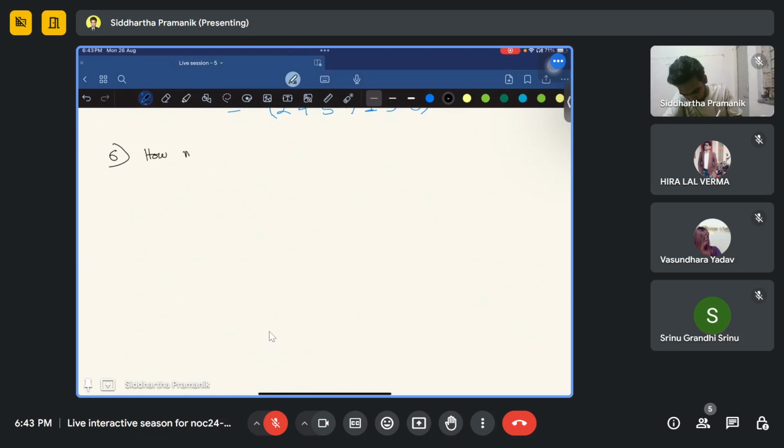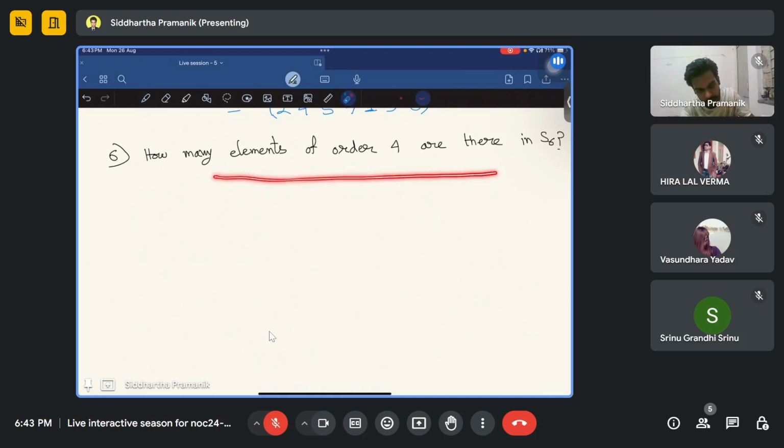How many elements of order 4 are there in S6? So you need to determine the total number of elements in S6 which have order 4.